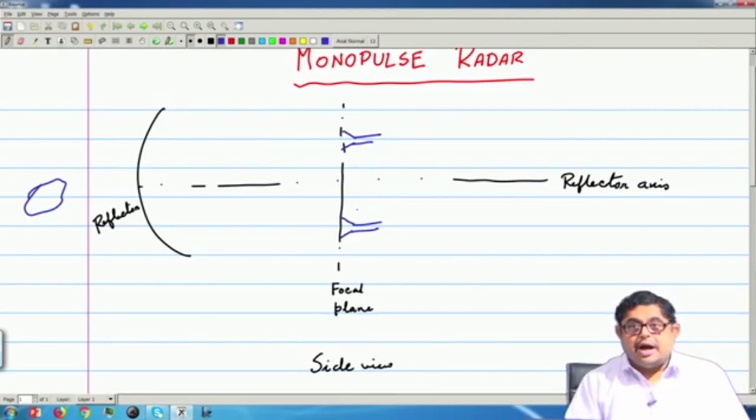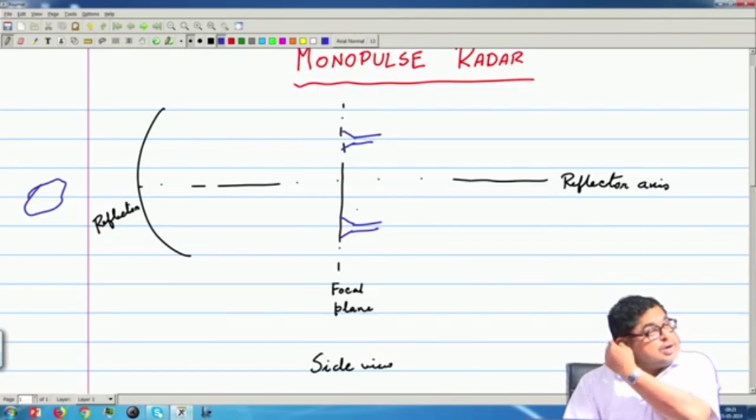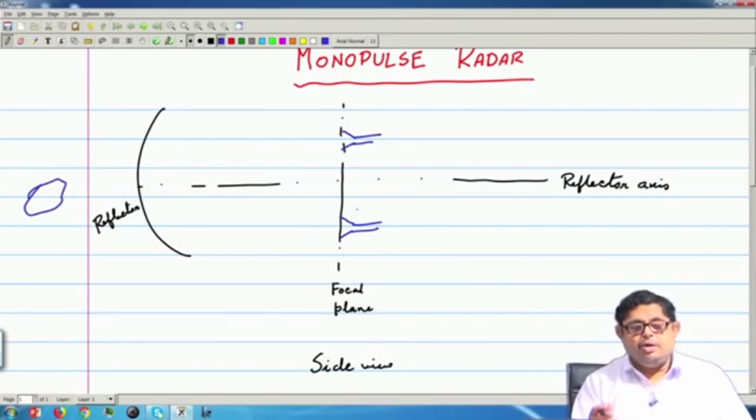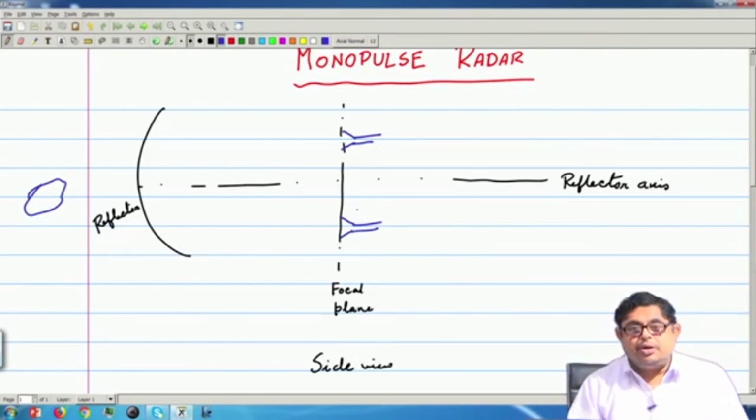That can be ascertained, just like in sequential lobing. It can be done at one go, but the problem is that in sequential lobing and so on, we have seen that we need to rotate the whole system, and that rotation gives an idea of the azimuth or elevation of the target. Here we will not do that.